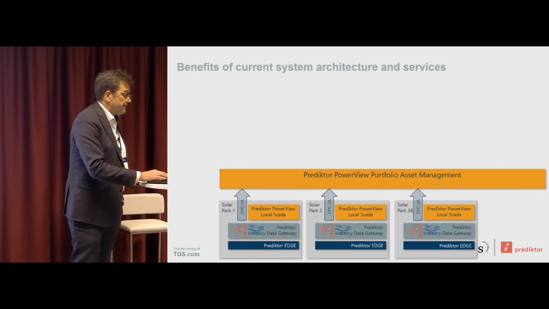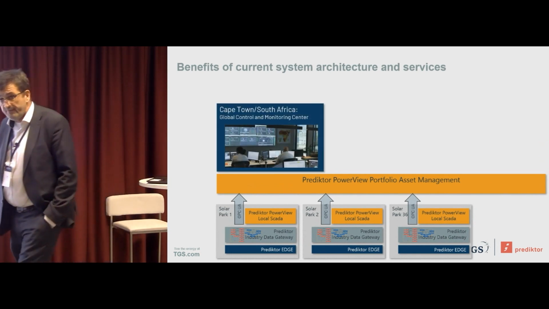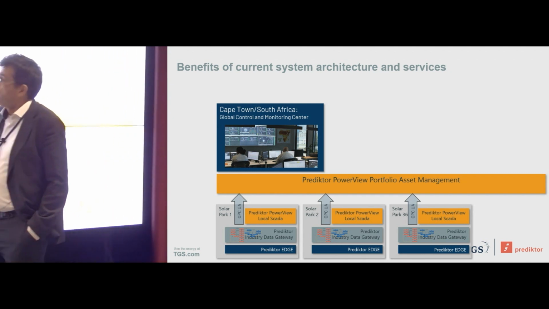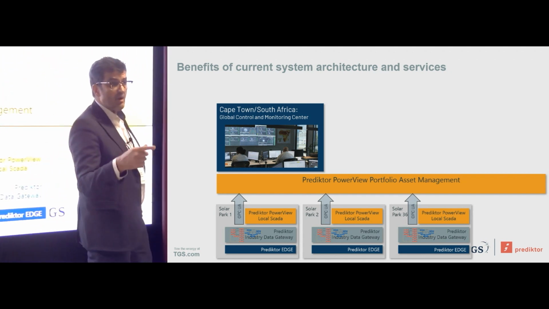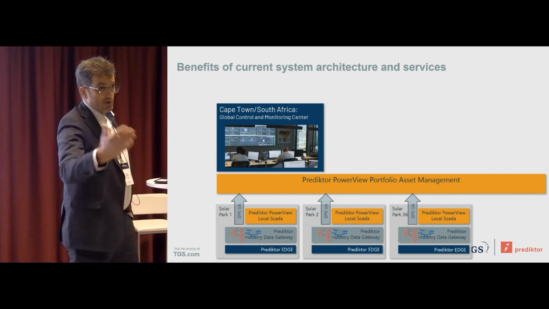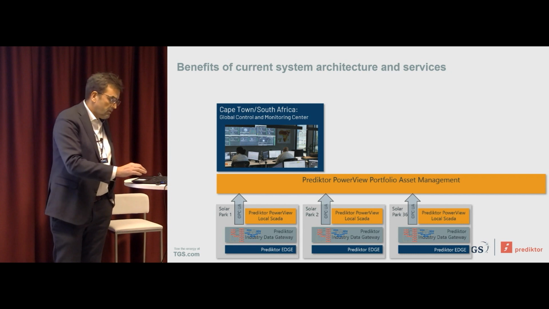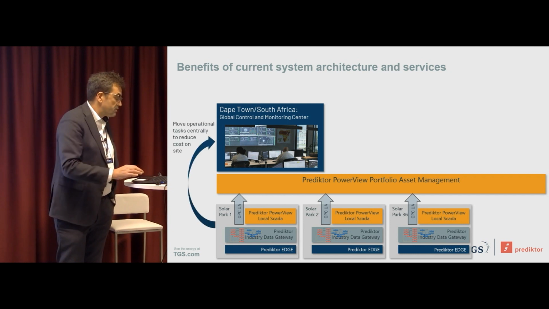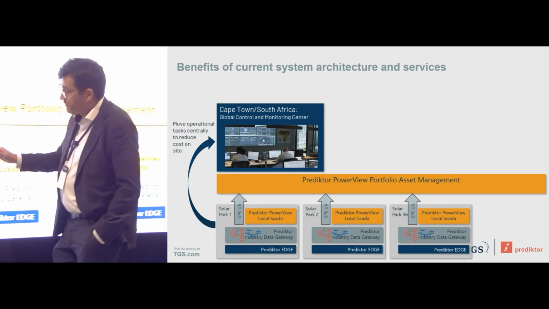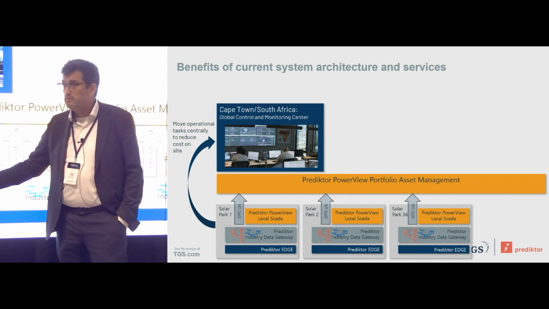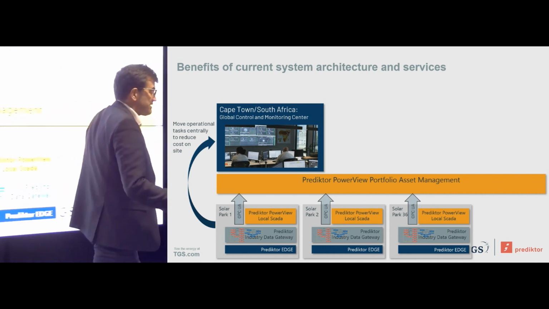This company has decided that it will have one central organization based in Cape Town, South Africa, to operate all of those 36, no more than 40 assets. They would like this organization to be able to take on more and more responsibility. They remove people from the local sites because they can do the management from the central site. That's a way to save cost.